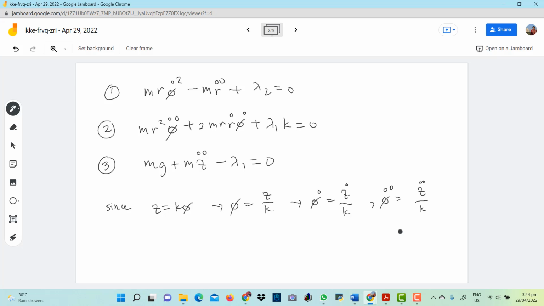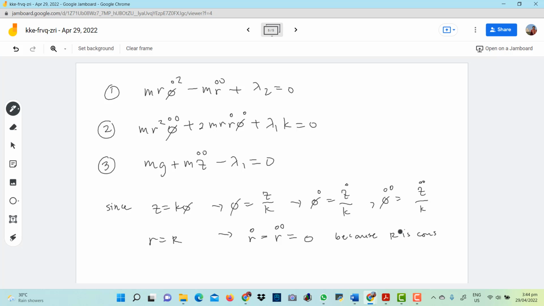And from the first equation of constraint, r equals R, we get r dot equal to r double dot, which is just equal to 0, because take note, R is constant.